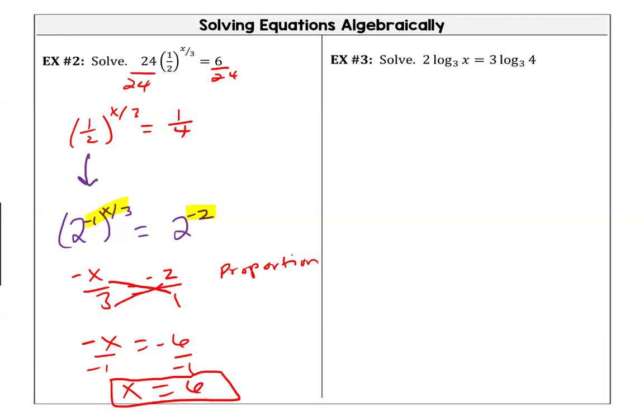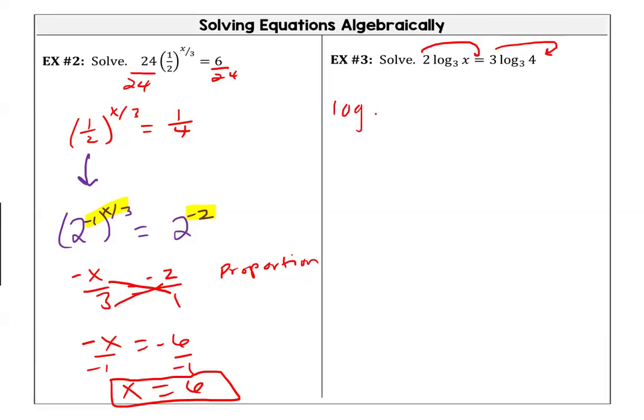Okay. All right, let's try the log. Again, the goal is to make sure the logs are the same and they are isolated. Well, our power rule allows us to do what with our coefficient? Turn it into a power.